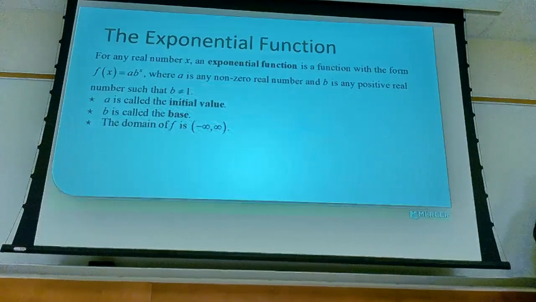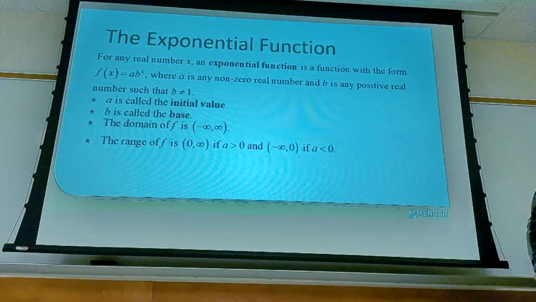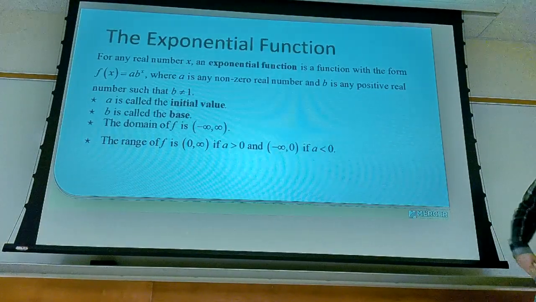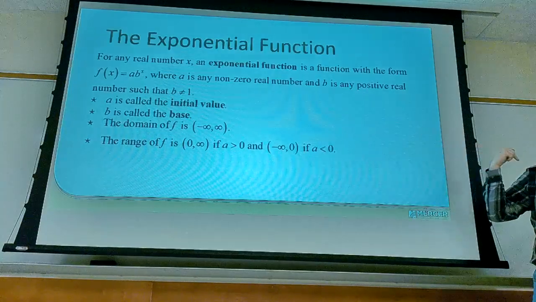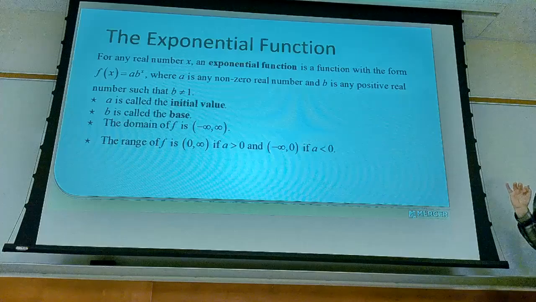All right, the domain of F is all real numbers. The range is 0 to infinity if your A is positive, negative infinity to 0 if the A is negative.